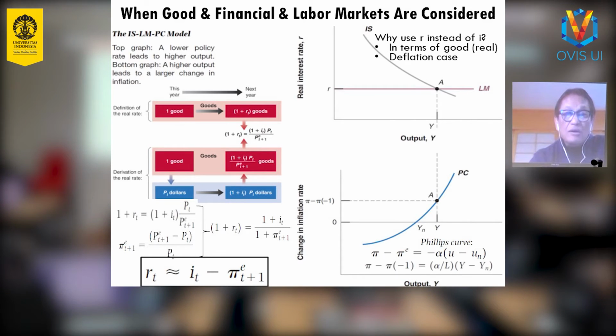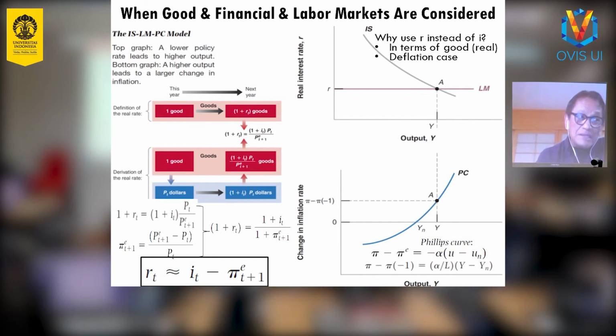Well, if it is inflation and output, there is a theory called the Phillips curve, in which output is proxied by unemployment, which is basically the opposite. So the proxy of the output is the opposite of the output, which is the unemployment rate. And that theory is called the Phillips curve. And the relation between inflation and the unemployment rate is negative.